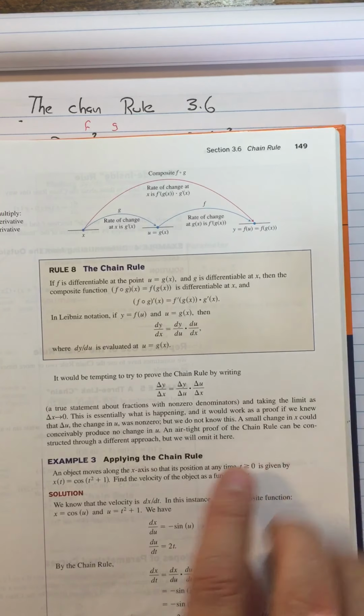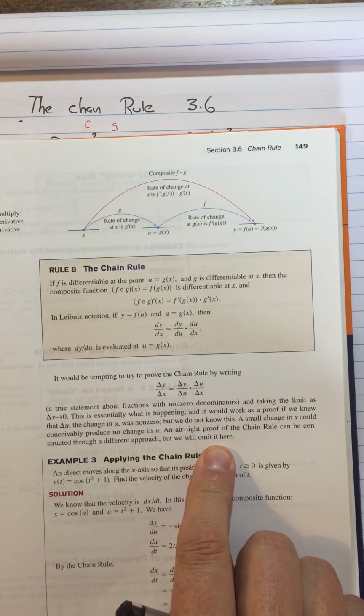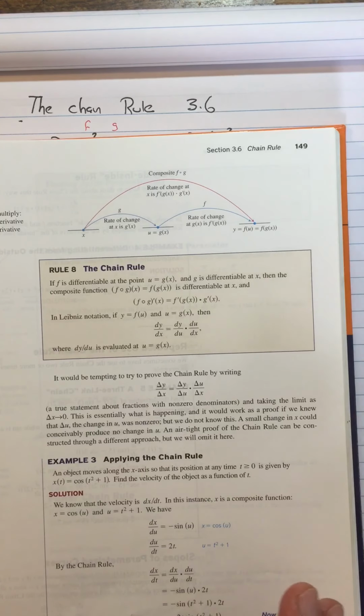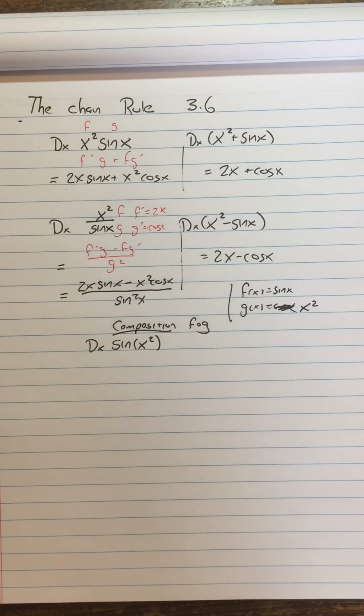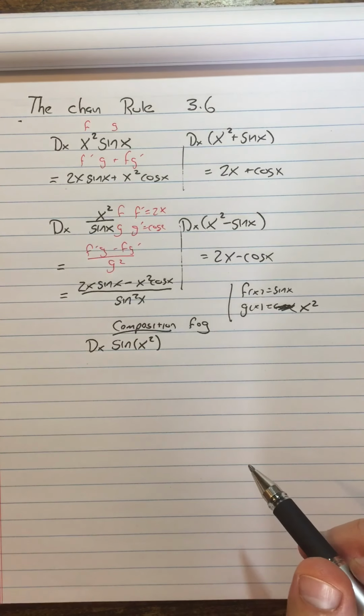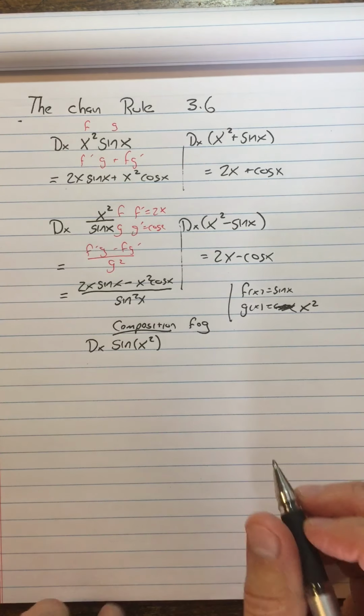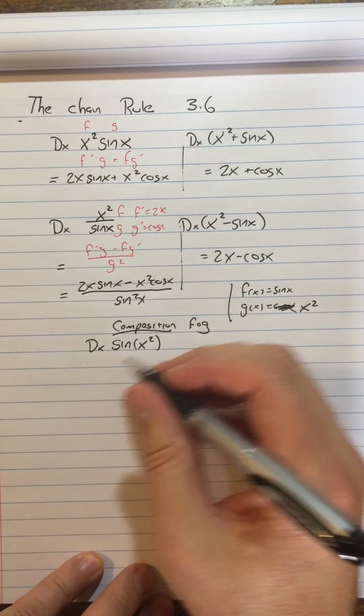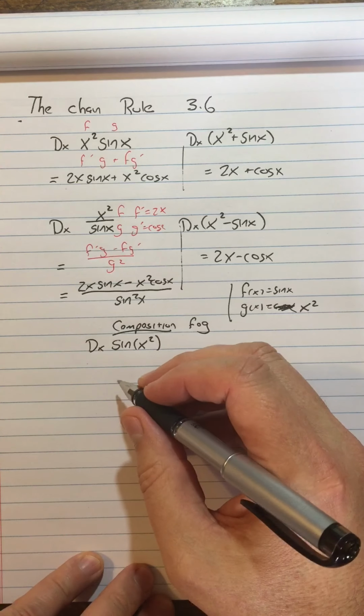A proof of the chain rule, we'll omit it. They don't even put it in an appendix. It's like we're just not even going to bother. And I'm not going to bother either. We're going to just let this rule be, and you'll prove it if you take an advanced calculus course. So this is one that we're going to take on faith, and it goes like this. A lot of these things you'll see borne out by experience.